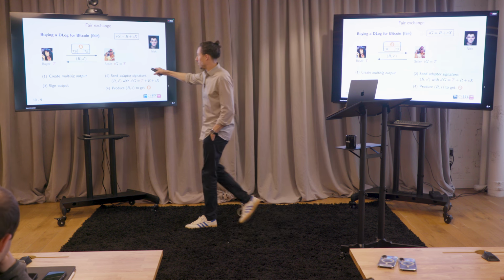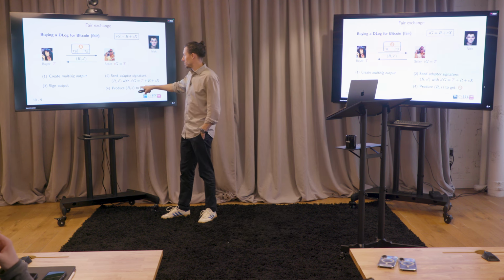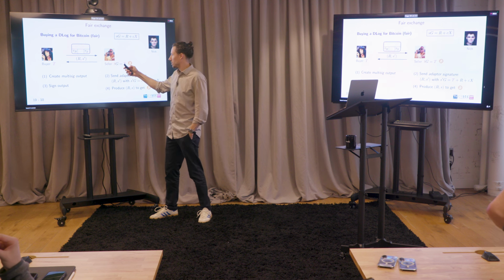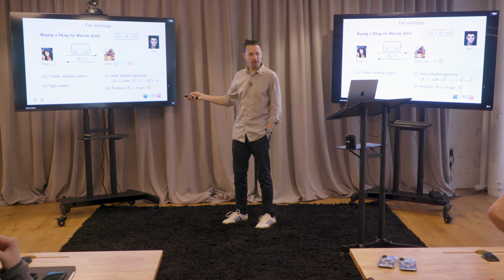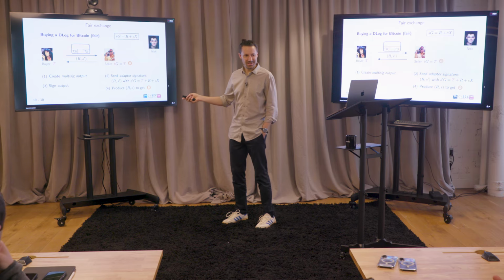Okay, so now Bob produced the signature and took the Bitcoin, and now Alice has lost her Bitcoin. How can she still get what she wanted? She has R, S prime and R, S, so that's enough. Exactly.